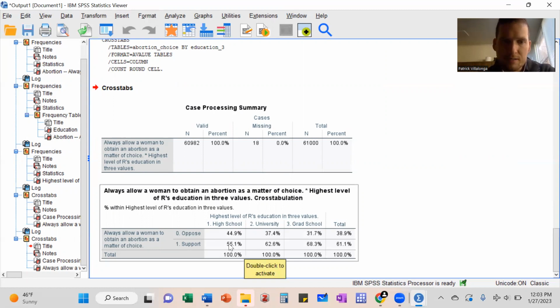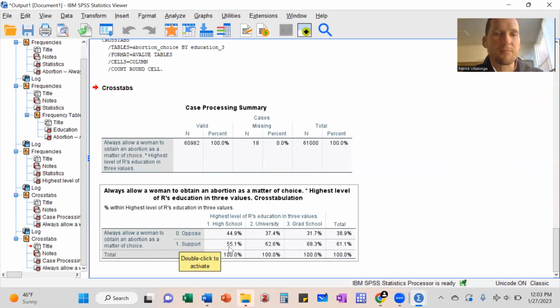Now, remember that our hypothesis, our theory, was that as people get more education, they're going to be more supportive of abortion rights. Does this crosstab bear that out? Well, let's take a look. As we go from high school to university to grad school, does the percentage of people supporting abortion as a matter of choice increase? Indeed, it does.